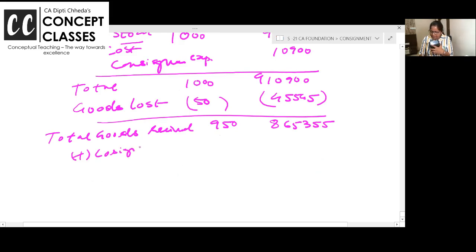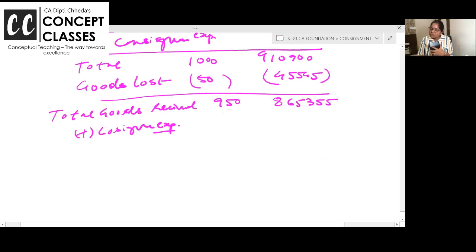Now, consignee's expense. The consignee has a lot of expenses, so which one should we take? Carriage 3,000. Custom duty 7,500. Repairing for the damaged radio set 2,500: we'll reimburse it, but we will not take that here.